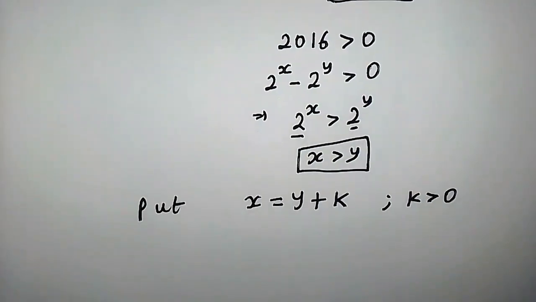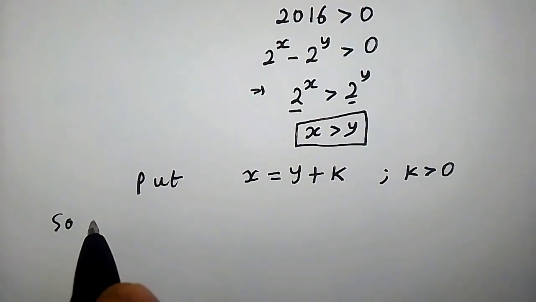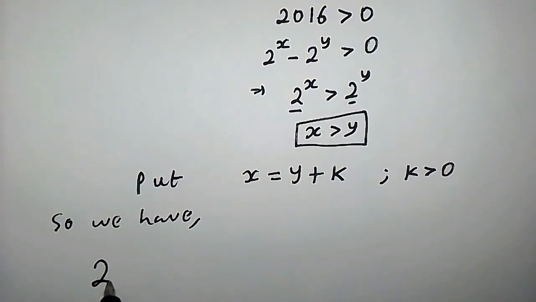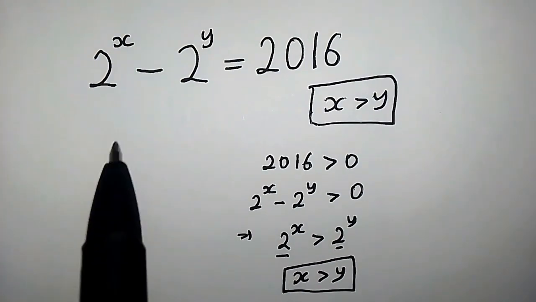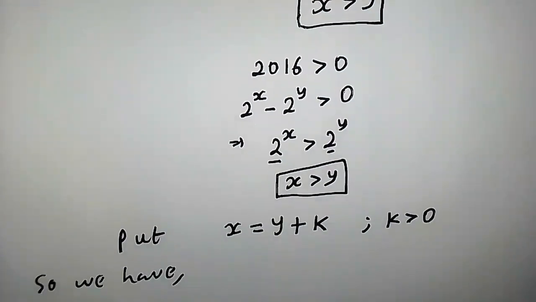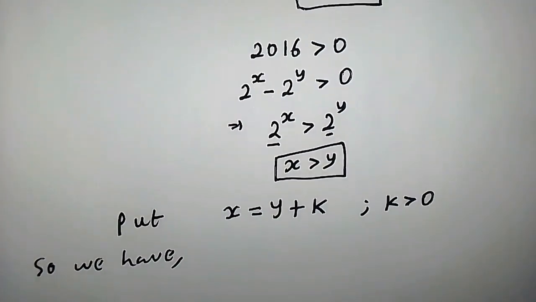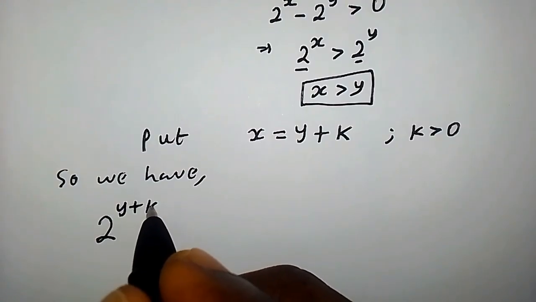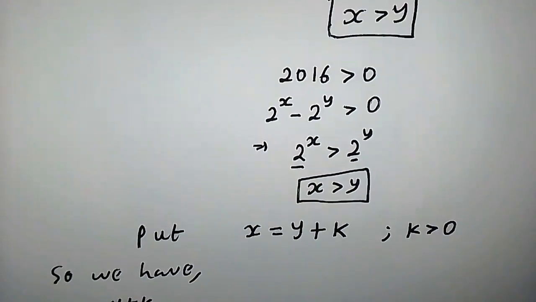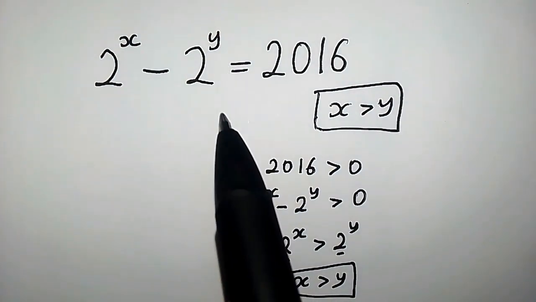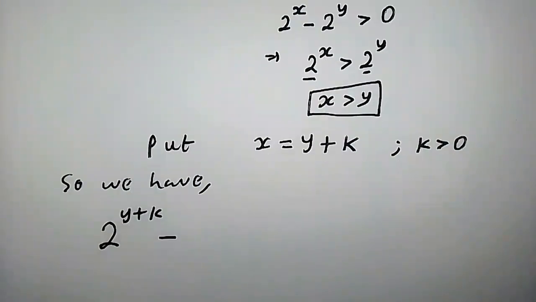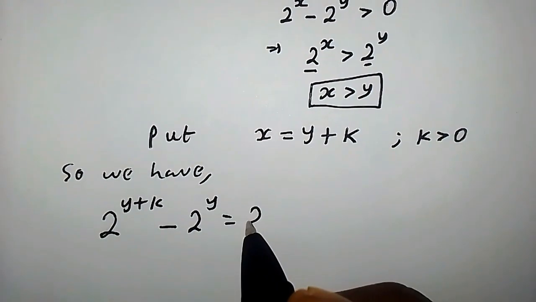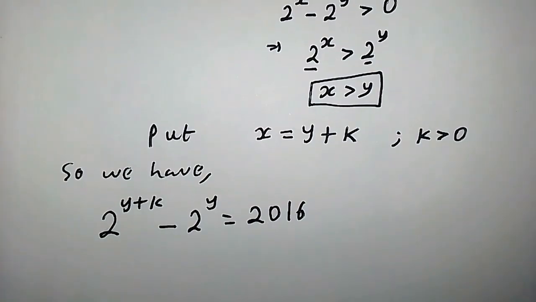So let's continue. We have 2 to the power of, in place of x now, we're going to write y plus k, minus 2 raised to y equal to 2016.